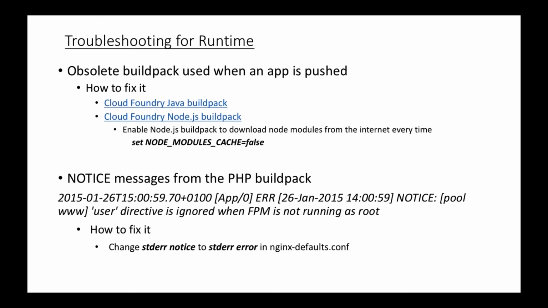For example, if you want the Node.js runtime to download the node modules every time, there's a variable called NODE_MODULES_CACHE; set the value to false. Similarly, if the build pack you're using doesn't provide any mechanism to load the latest components, as I showed earlier, there's a node_modules folder under the root project structure. You can go and delete the contents in the cache directory and push the app again.